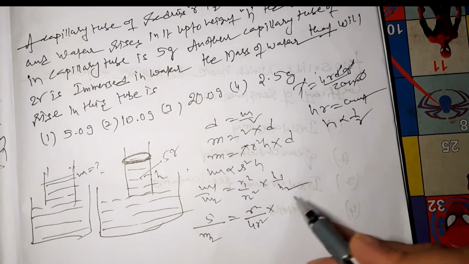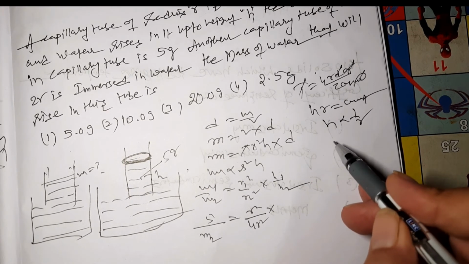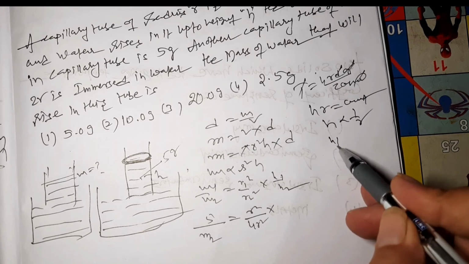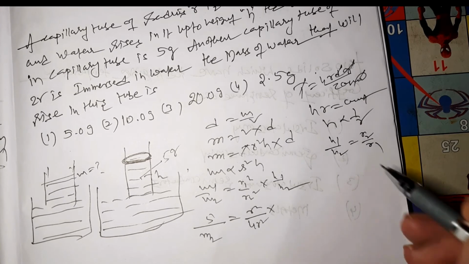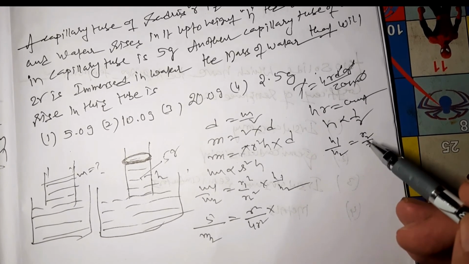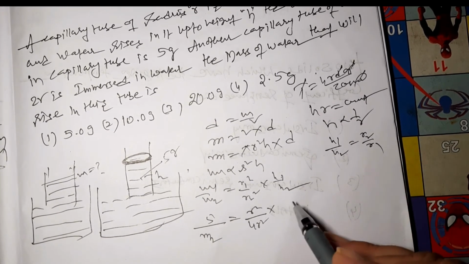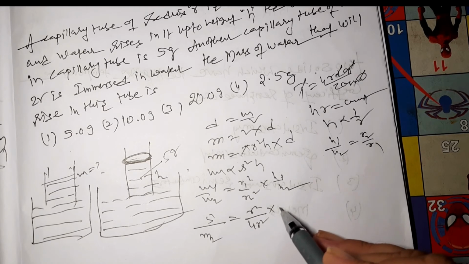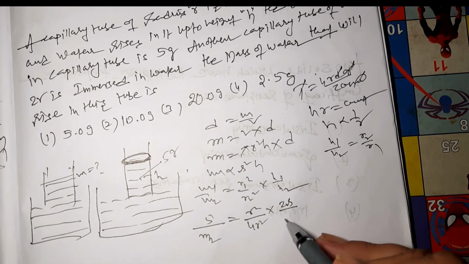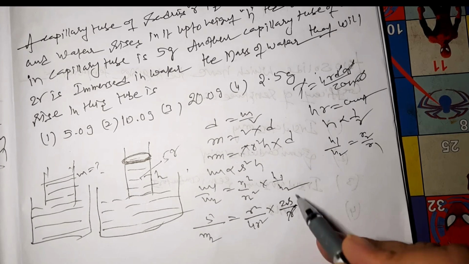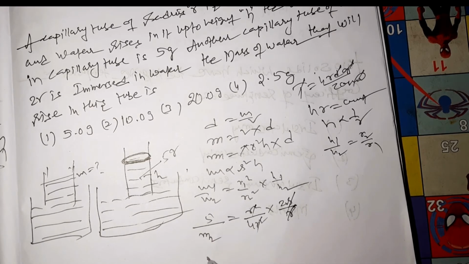H1 by H2 is equal to R2 by R1, since there is an inverse relationship between h and r. R2 means 2R, and R1 means R. So R cancels.